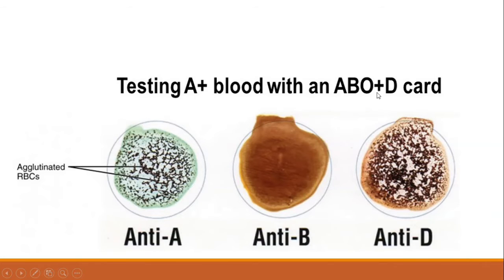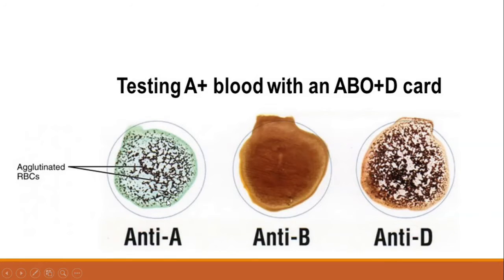As we have discussed previously about the laboratory test for blood typing, we determine and identify the particular blood type by observing the formation of clumps in the sample.